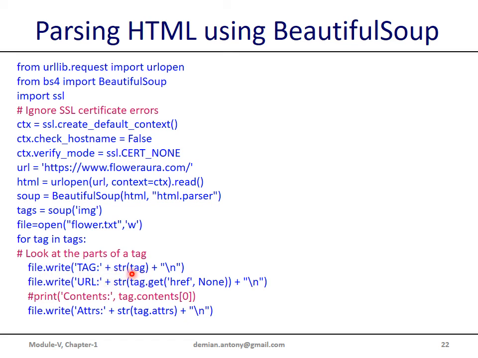Okay, write the actual tag, and then you write the actual source, the tag dot get src, the actual source, and then you can write even other attributes that are associated with the tag called img. So with this you can get all the hyperlinks or the source links of images.